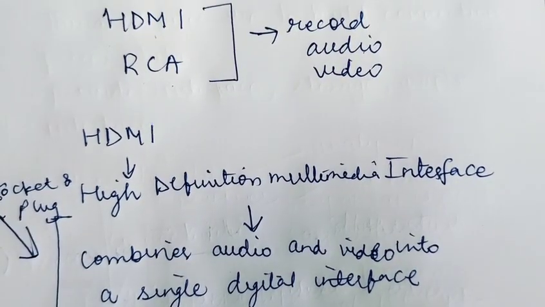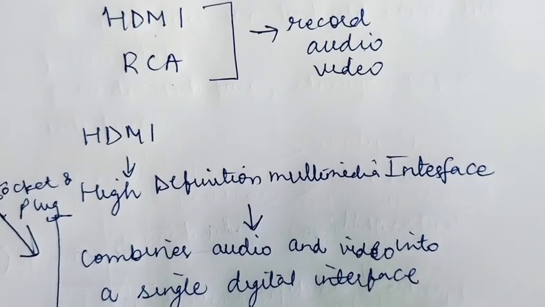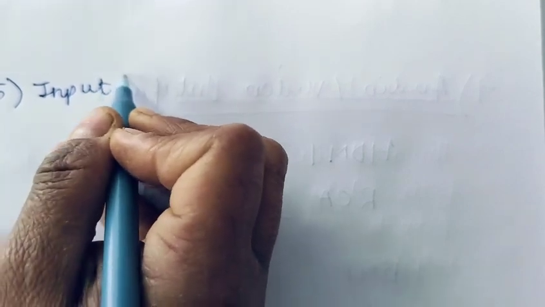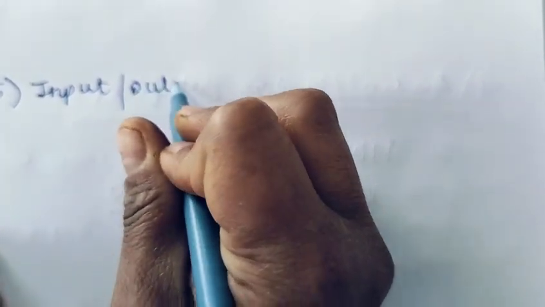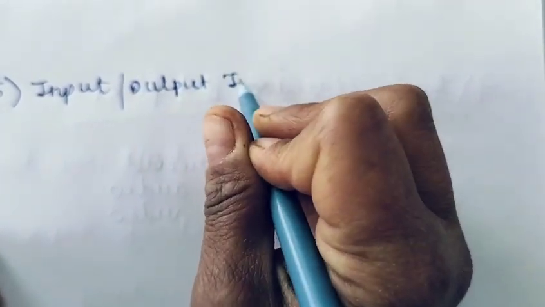Now, after this particular component, the next important component for an IoT system is your input and output interface.